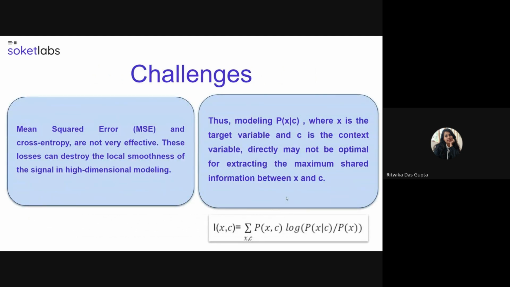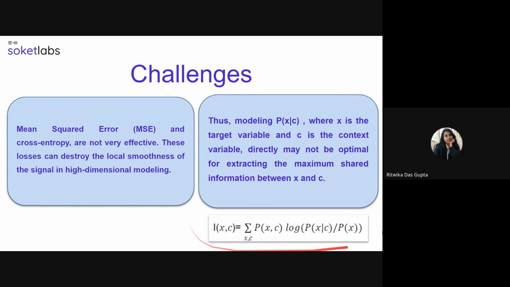The challenge that we face during self-supervised learning, called contrastive predictive coding, is that firstly the error terms like mean square error and cross entropy are not quite valid, because a signal can lose its local smoothness for high dimensional data. So if we try to model it as the probability of x given c, which is a conditional probability, where x is the target variable and c is the context variable, directly this may not be optimal for extracting the maximum shared information between x and c.